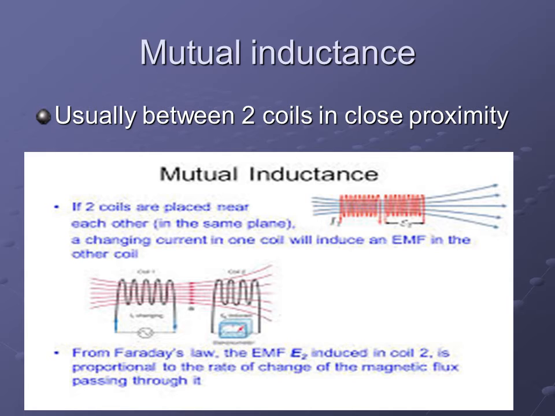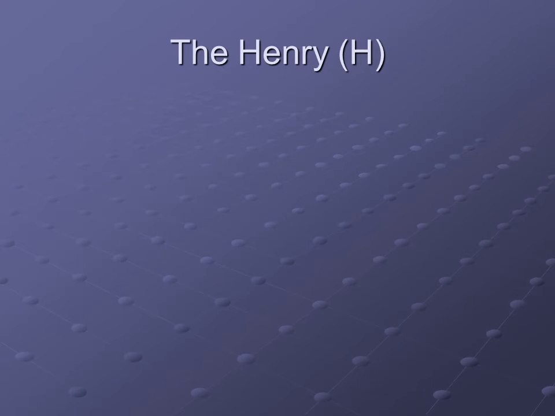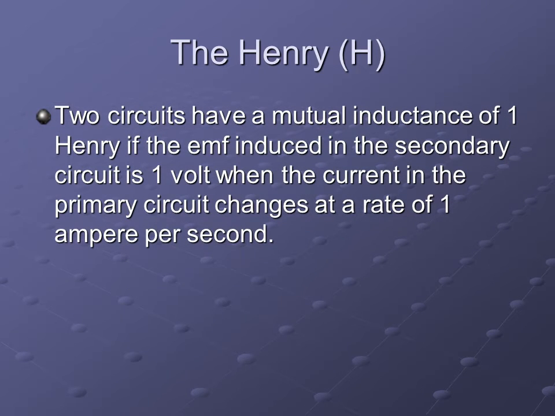From Faraday's law, the EMF induced in coil 2 is proportional to the rate of change of the magnetic flux passing through it. The Henry, using the symbol H. Two circuits have a mutual inductance of 1 Henry if the EMF induced in the secondary circuit is 1 volt when the current in the primary circuit changes at a rate of 1 ampere per second.